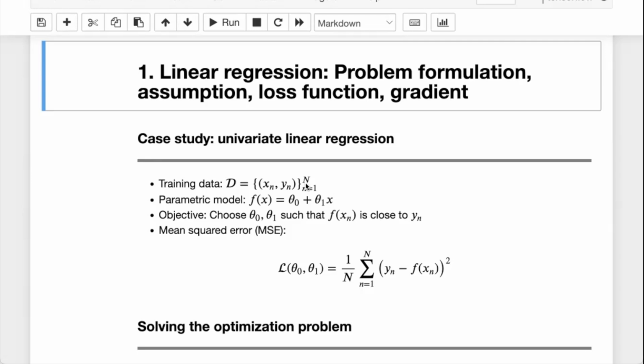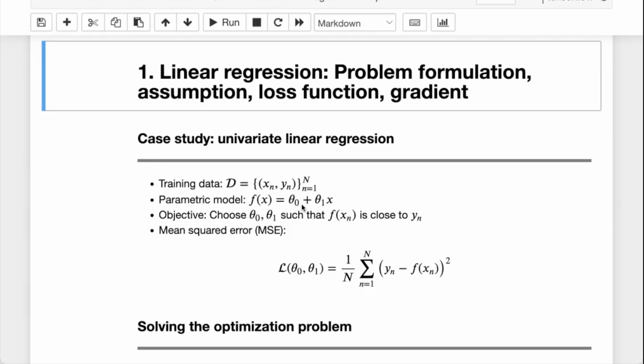However, we are making this assumption that the predicted output for a given input x, if we want, we can also use x subscript n here, but for simplicity, I usually don't use subscripts when we're talking about the general assumption that we make because this works for any x, including x_n, is theta 0 plus theta 1 x.